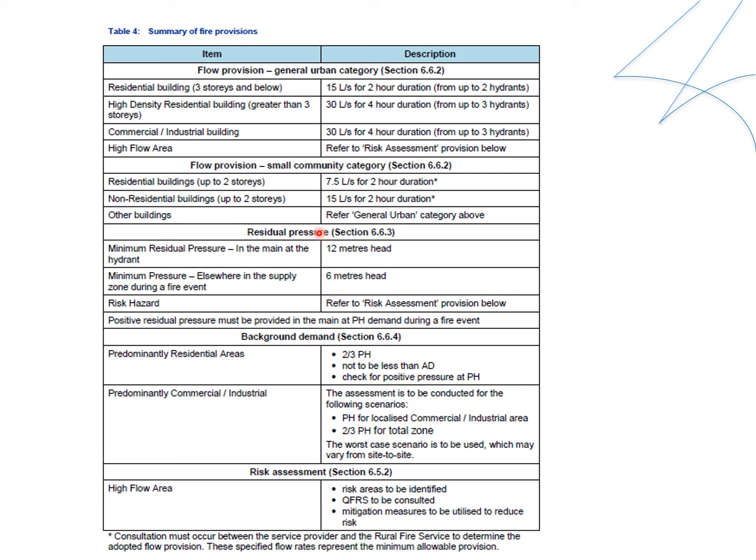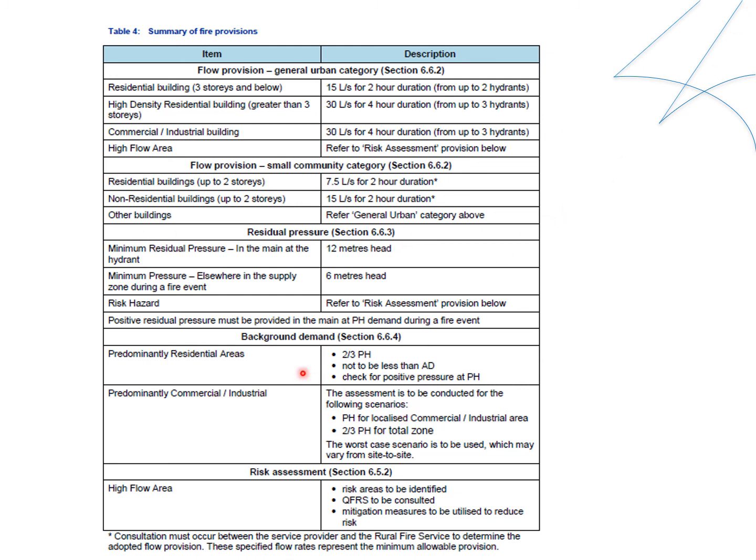And you need to check the residual pressure in the system. That is, the minimum residual pressure in the main at the hydrant has to be 12 meters, and elsewhere in the supply zone it has to be at least 6 meters. So during the simulation you need to check the residual pressure, okay, and that has to be within this limit.